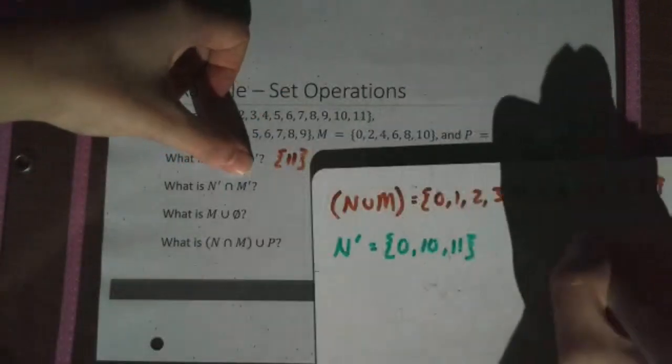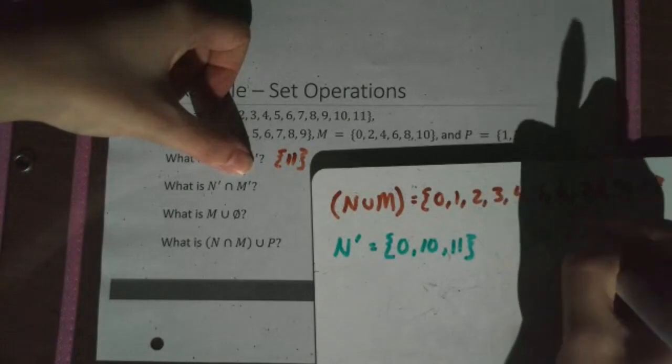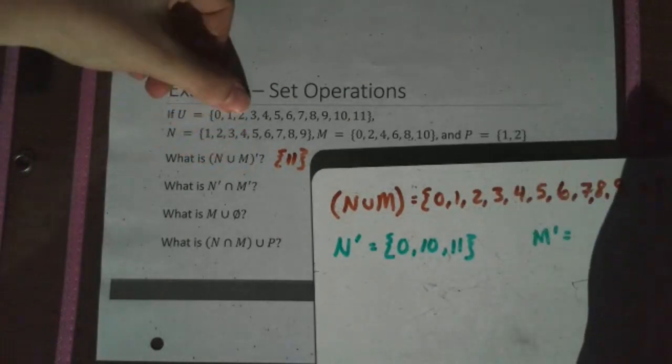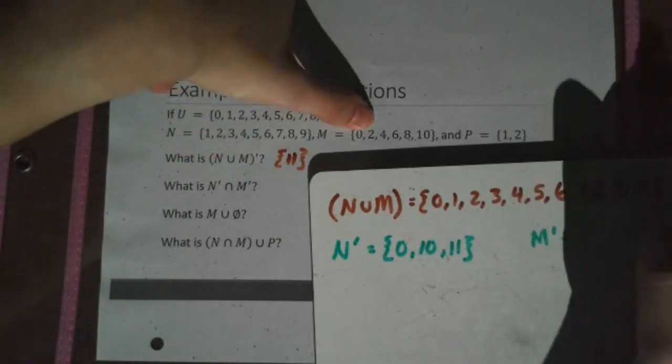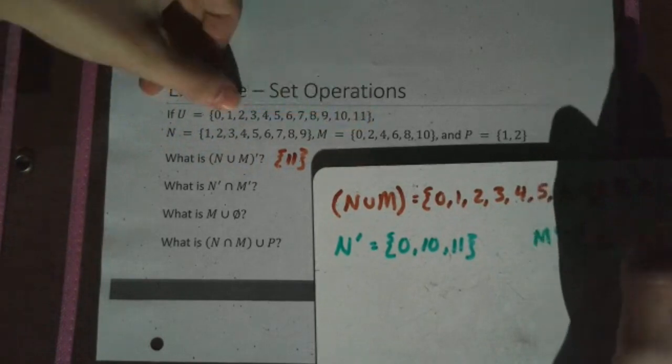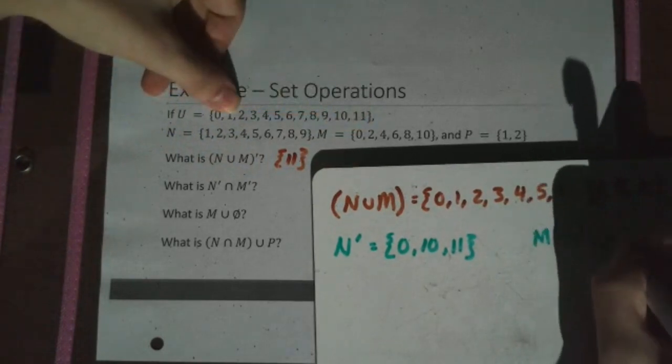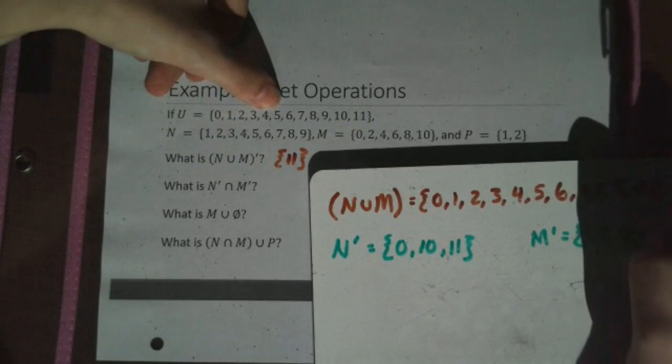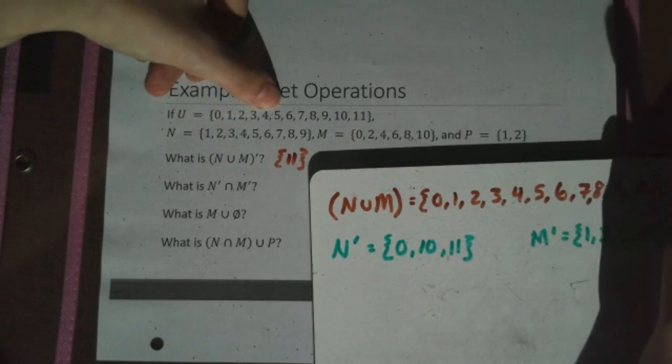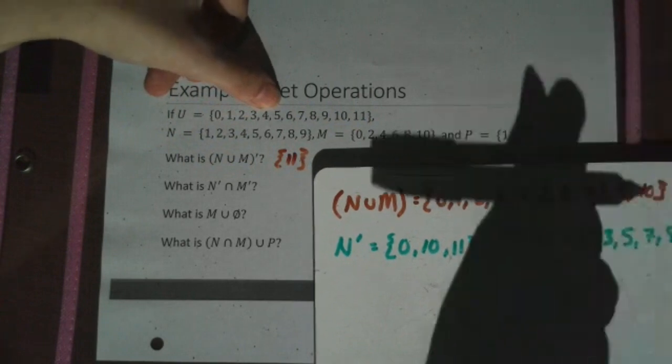Now I want M complement. That's going to be everything in my universal set that is not in M. So that will be 1, 3, 5, 7, 9, and 11.